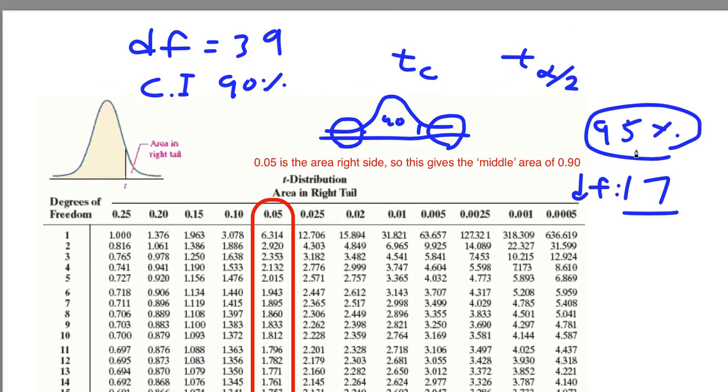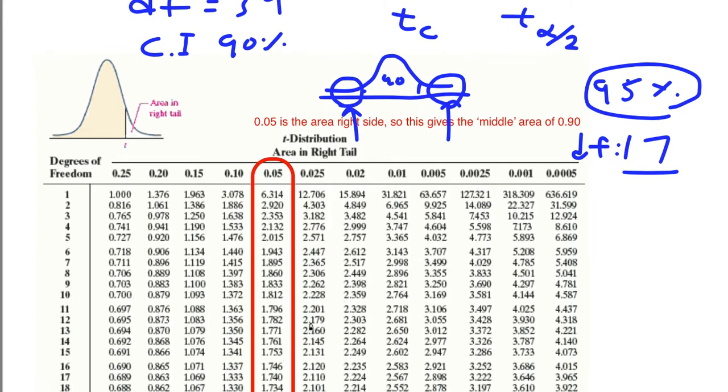So 95% means the area on both sides combined is 5%. So that means this area is 0.025, and 0.025 here, which will give us 95% in the middle. So we have to look at 0.025. Then from here we go down to 17, which is 2.110.